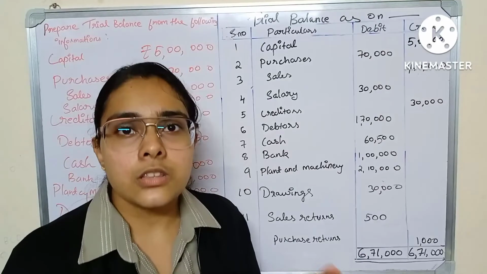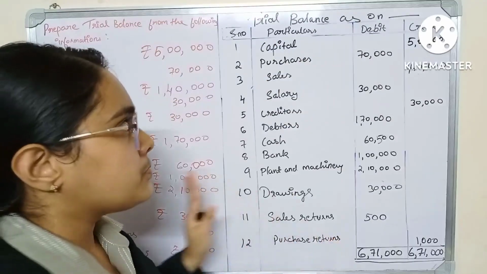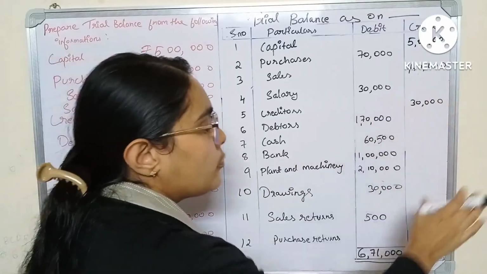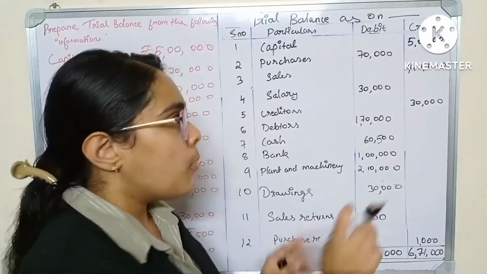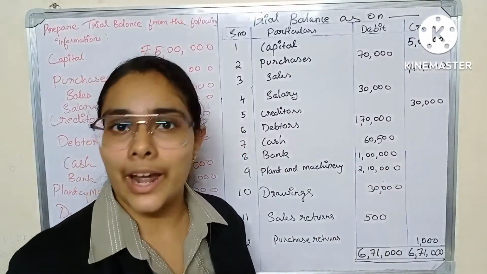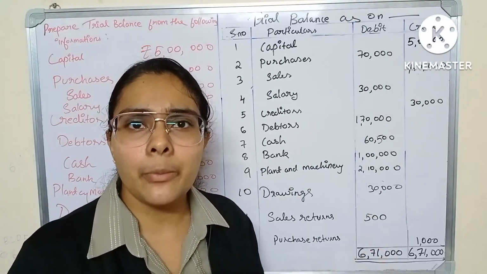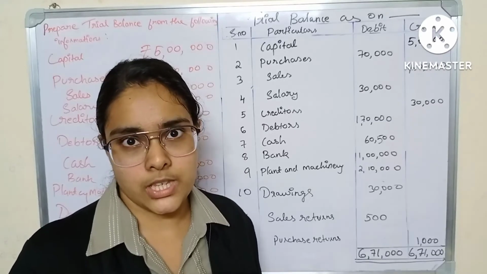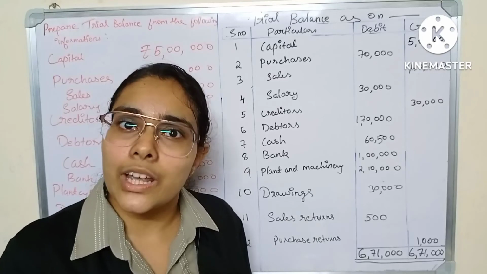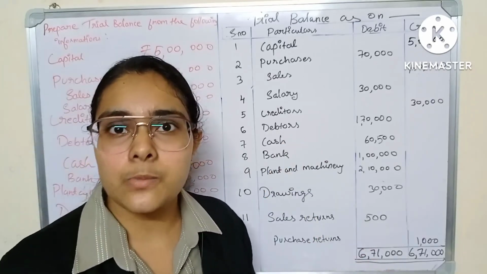Now the most important thing to note here is that in the trial balance you have a debit column and a credit column, right? Both these columns will tally, because we follow the double entry system. What we have learned in the double entry system is that every debit has a corresponding credit. Both debit and credit in a transaction will be equivalent to each other. So in the trial balance also that principle applies.